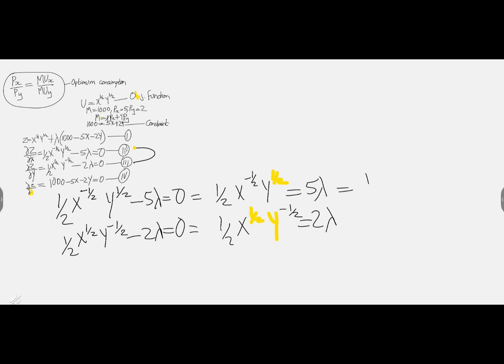So you have lambda is equal to half x raised to power minus half y raised to power half divided by 5. And from here, lambda is equal to half x raised to power half y raised to power minus half divided by 2.